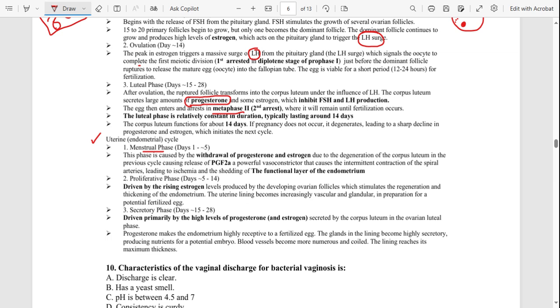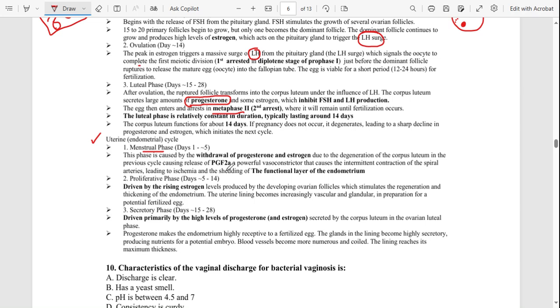Remember, in the luteal phase you have progesterone, but within 14 days, if there is no implantation, this corpus luteum will stop producing the progesterone. So there's going to be withdrawal of the progesterone and the estrogen. And that is what causes the degeneration of the corpus luteum.